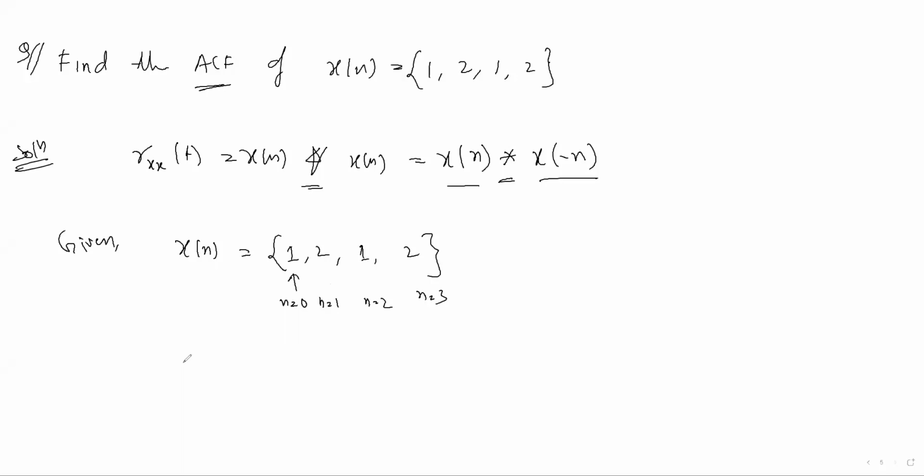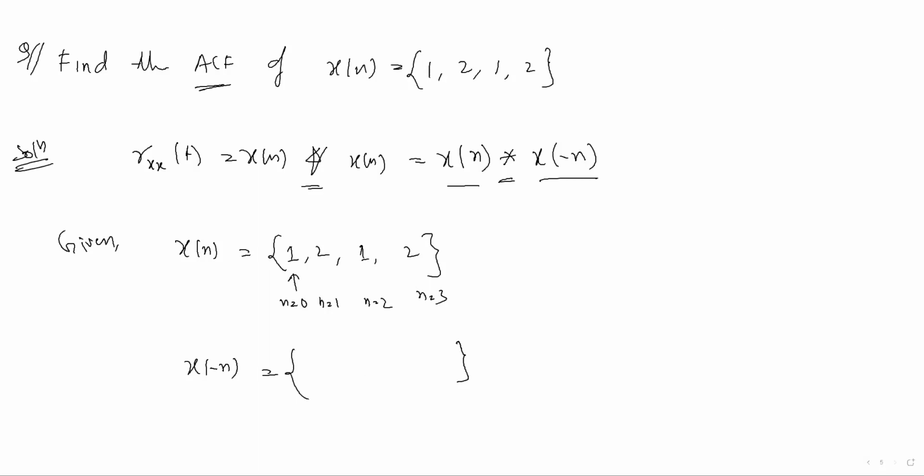So if you make the folded signal or folded version, then what will be the signal? What is the signal? Can anybody say? What is the starting value? Is it 1 or is it 2? Can anybody say? This is the folded. This is the original signal. If you fold the signal, what will be the elements of the signal?